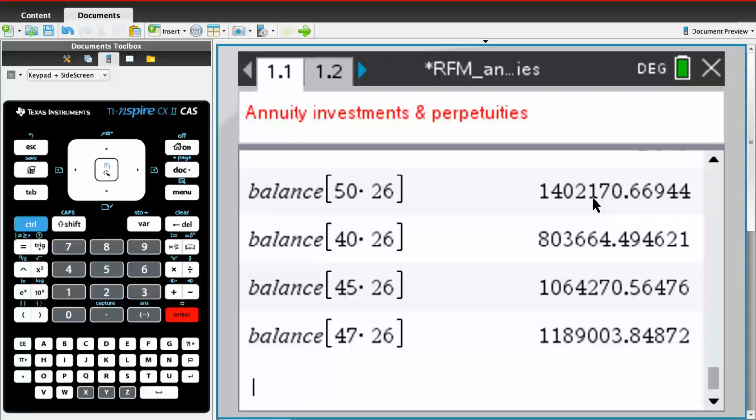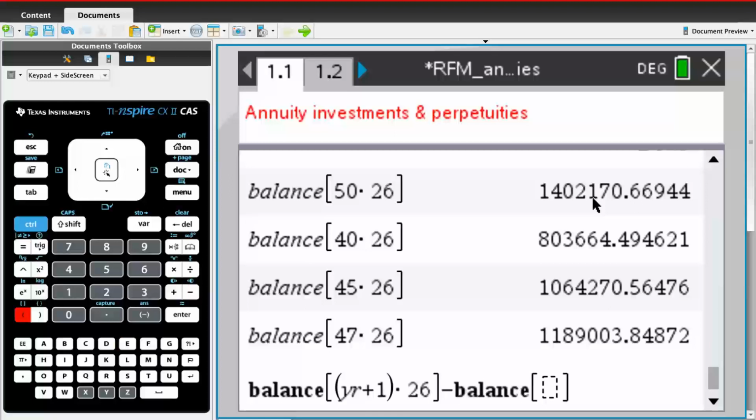So what we'll do is type in balance and square brackets for the reference. And instead of just putting in the values directly, we will put in brackets year plus 1 times 26. And we'll take away the balance the year before, square brackets, and it'll just be year times 26.